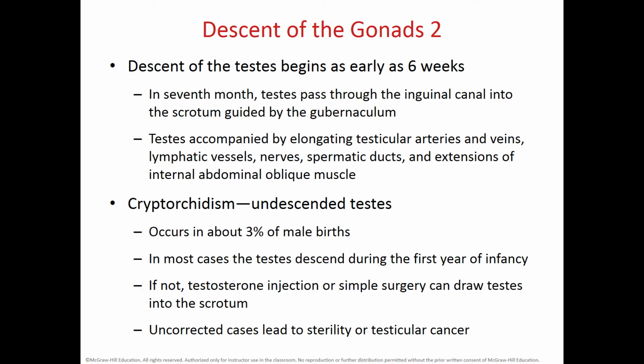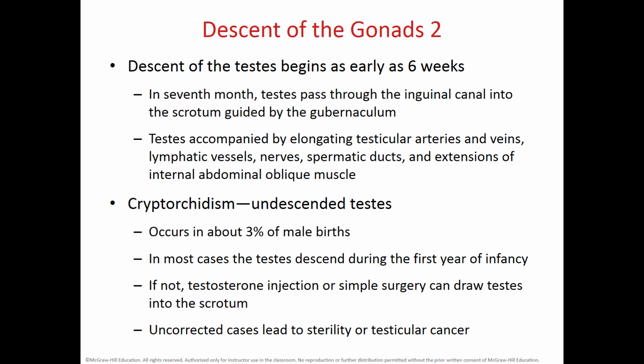If you have bilateral testes that have not descended, you can perform surgery right away. But when there is a unilateral testis that doesn't descend, you wait a little to see if it descends by itself.